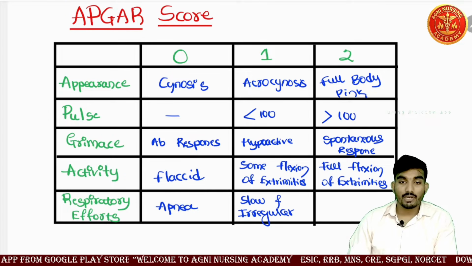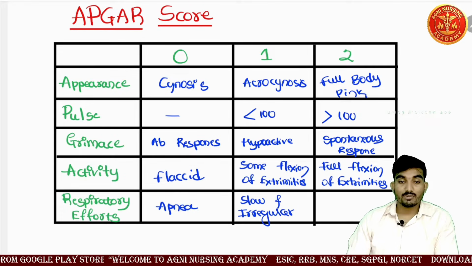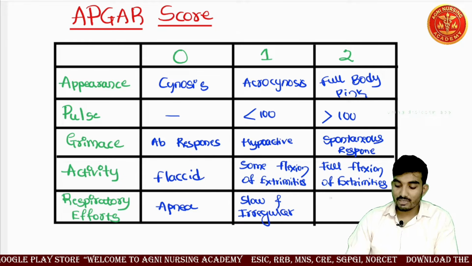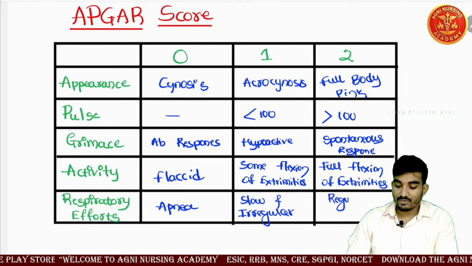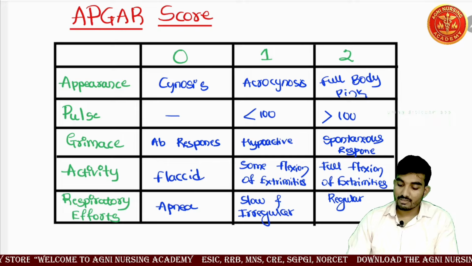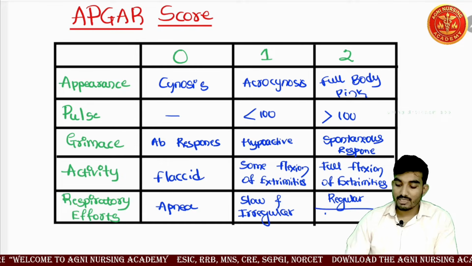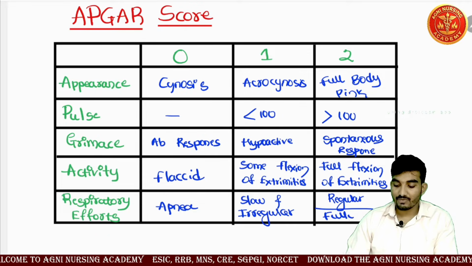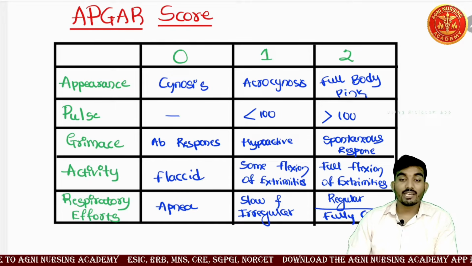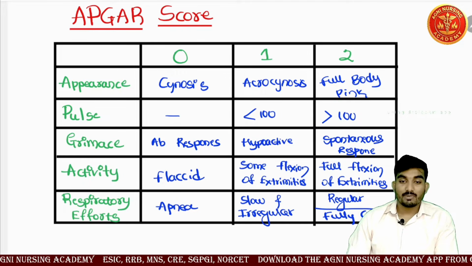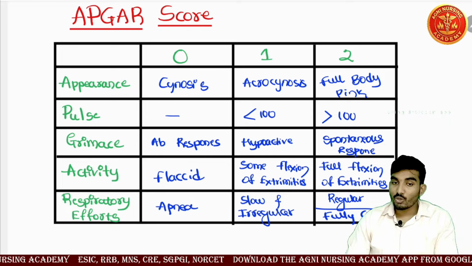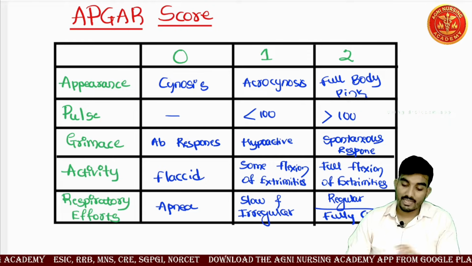If the child is fully responding and regular respiratory efforts are there, or the child is fully crying, that is considered proper respiratory efforts, and we will give the score 2 for that.